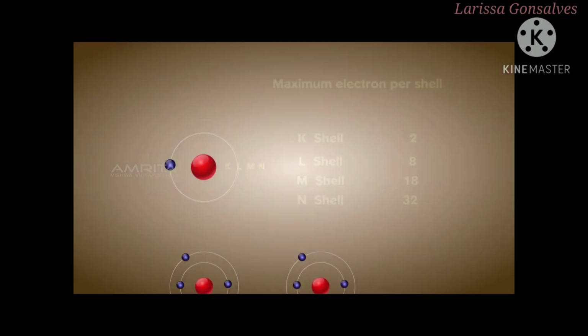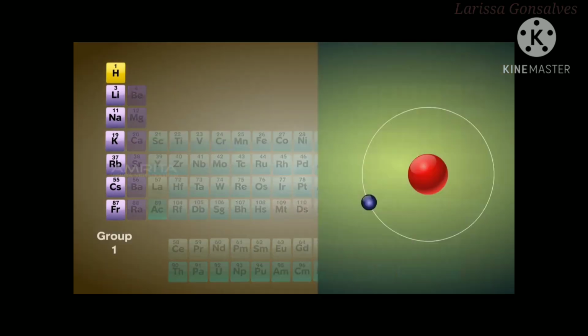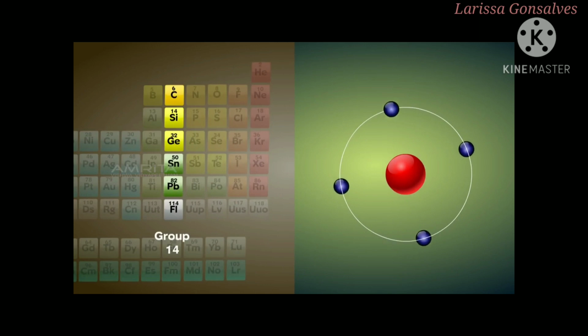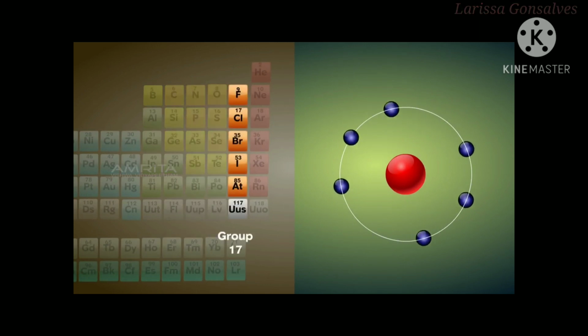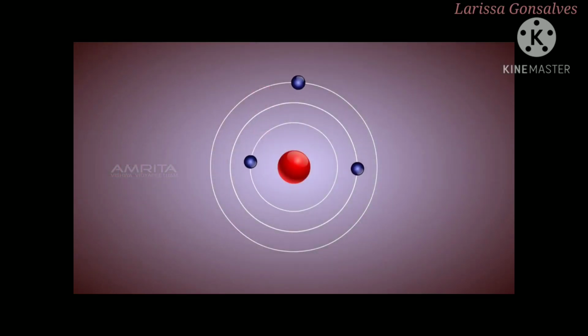That said, what does this model next propose? It next proposes that the maximum number of electrons that can be accommodated in the outermost level is 8. And finally, it says that the orbit closest to the nucleus has minimum energy and the orbit farthest has the maximum energy.